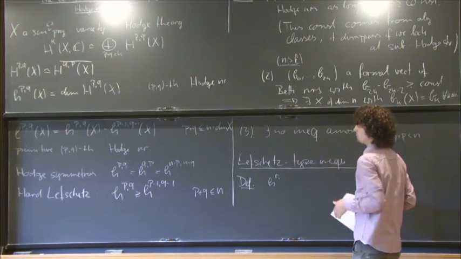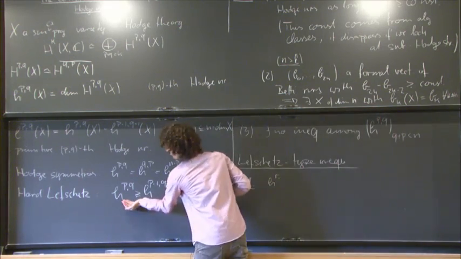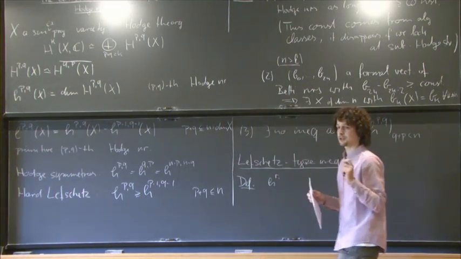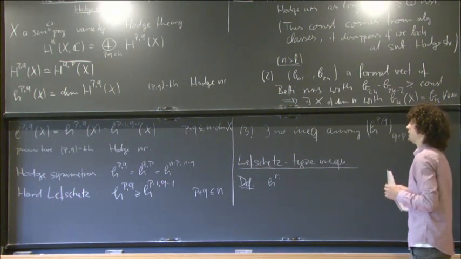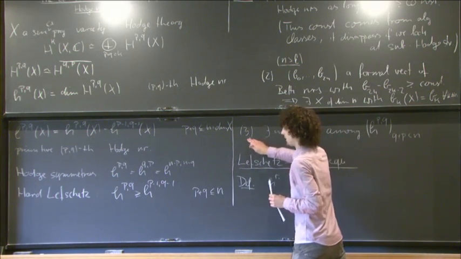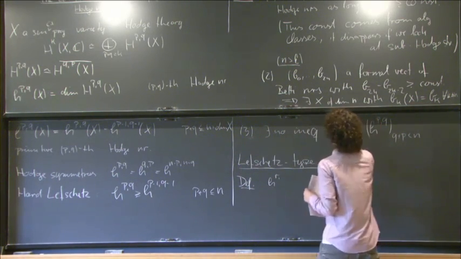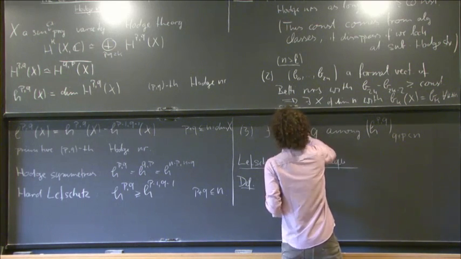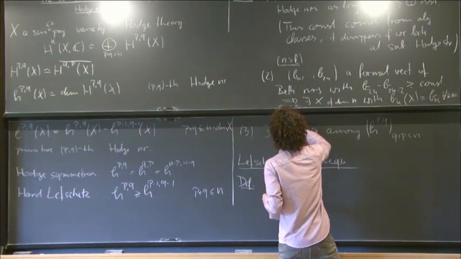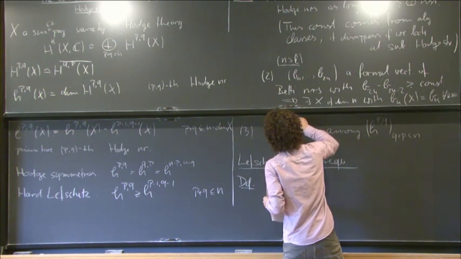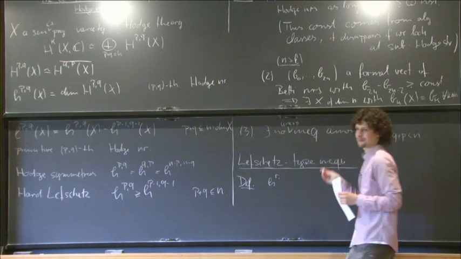So I'm looking for a universal inequality like this one, which holds for every smooth complex projective variety in dimension n. And number 3 says that if we have such an inequality, okay, sorry, no. Yeah, no unexpected. Something like this.